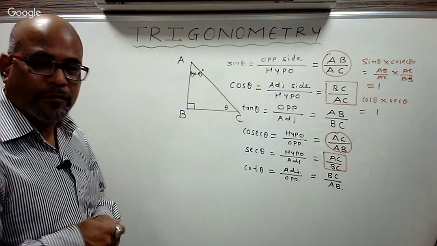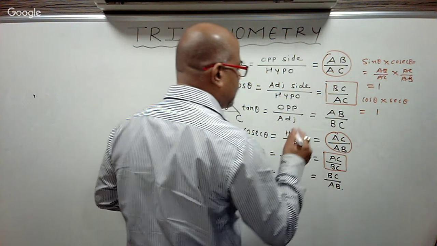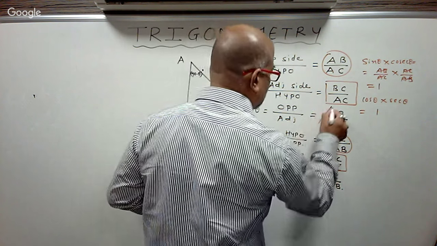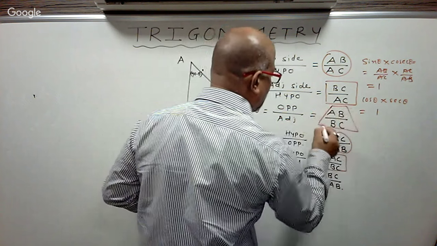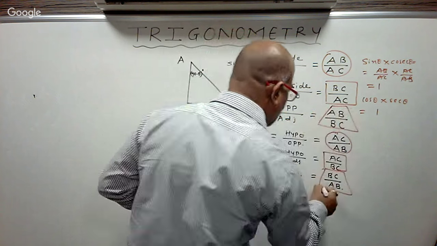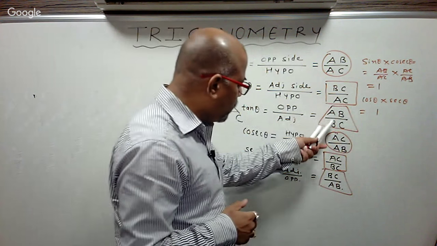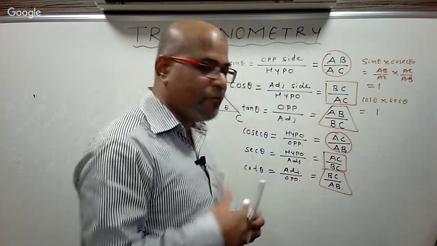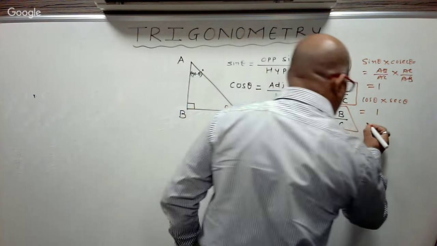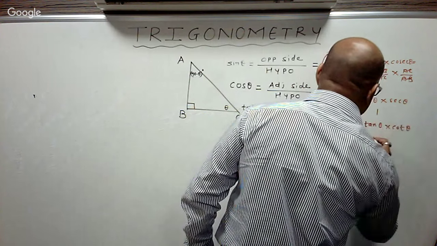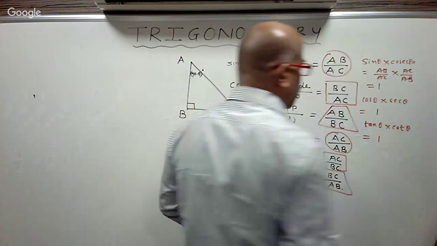Now the remaining two ratios are tan theta and cot theta. If you observe, again the values are AB upon BC and BC upon AB, reciprocal of each other. Here we get tan theta into cot theta equals 1.